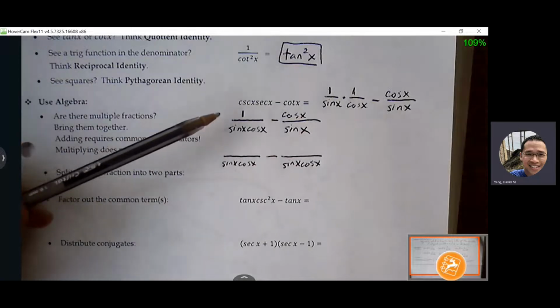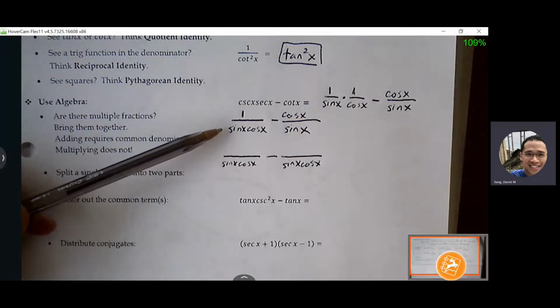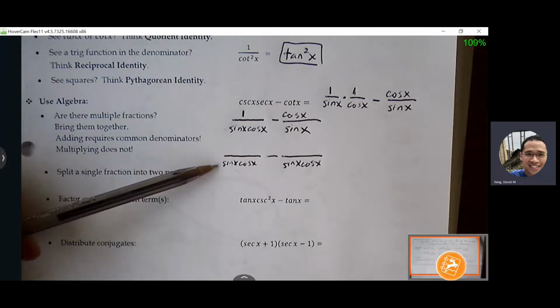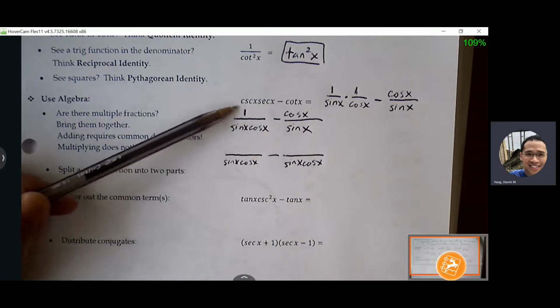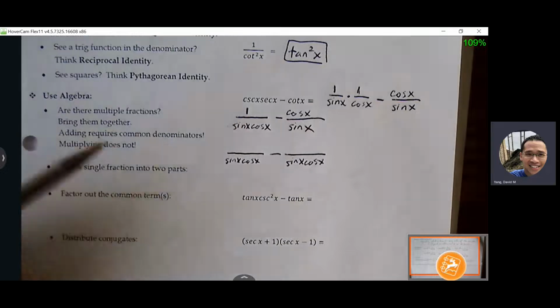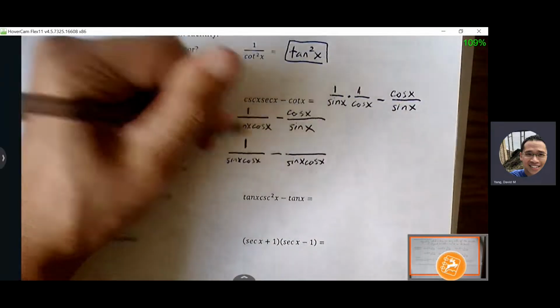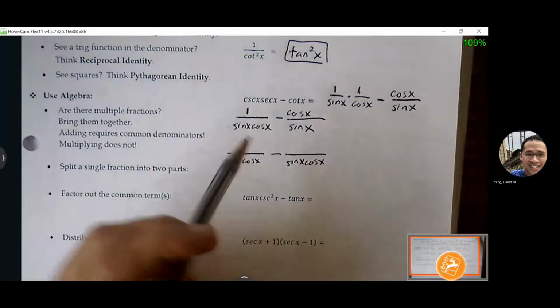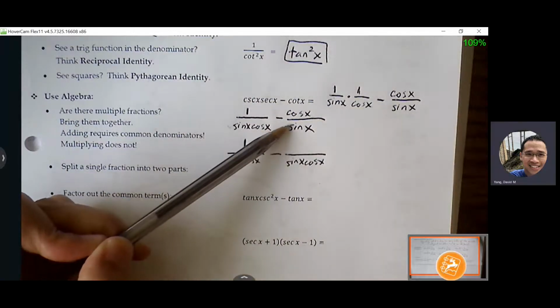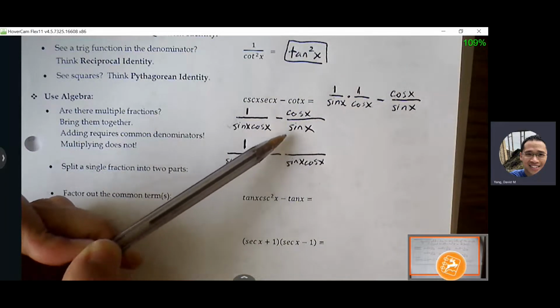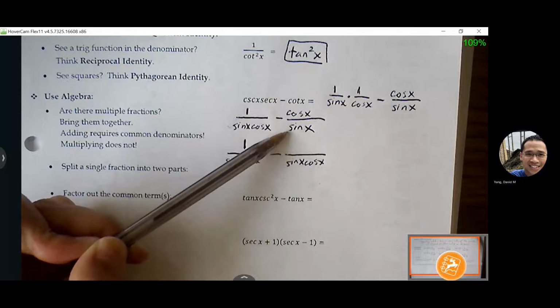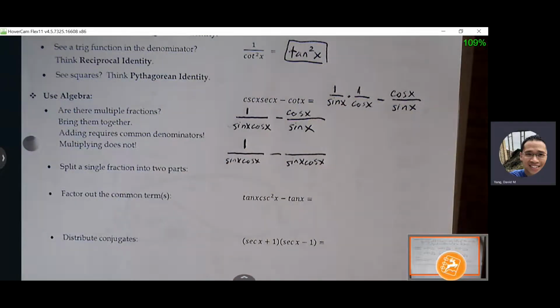Okay, so now it's a matter of trying to balance each of the numerators. Is there any change between this old denominator and this new denominator? No changes, so I can just bring down whatever I see in the numerator. There's no balancing necessary here. Okay, is there a difference between this old denominator and this new denominator? There is. What's missing? Cosine. So that's what I need to balance the numerator by.